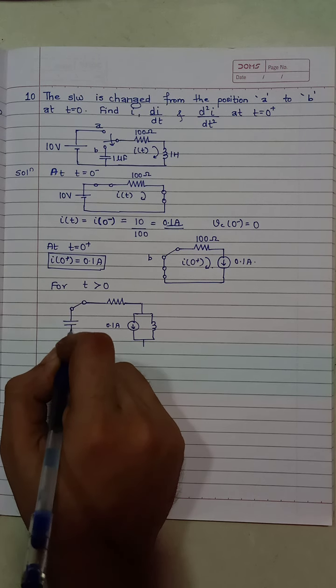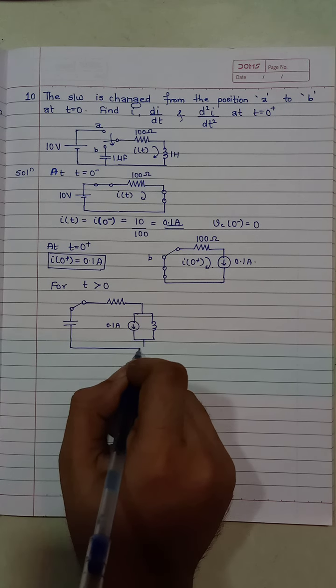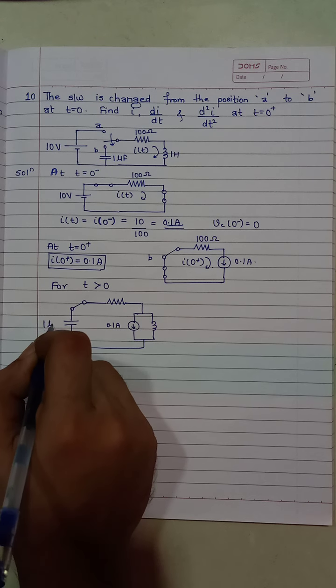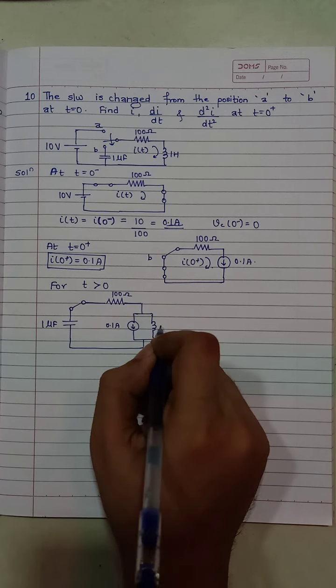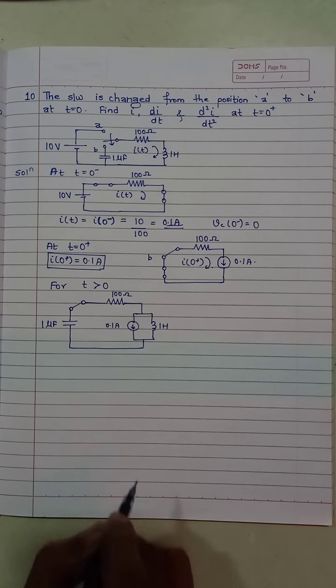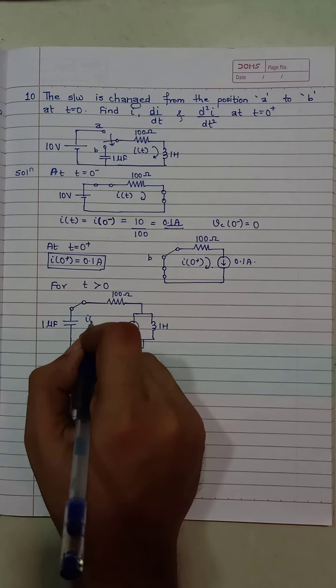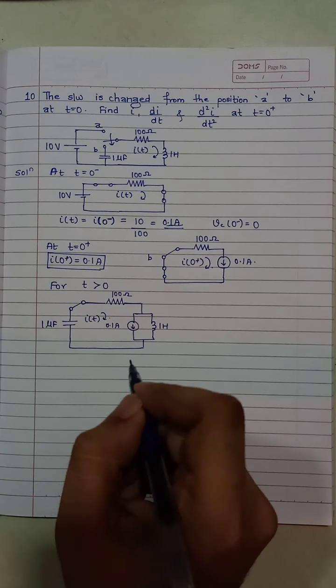Here you have the capacitor, which is 1 microfarad. This is 100 ohms, 1 Henry. And here you have i of t.